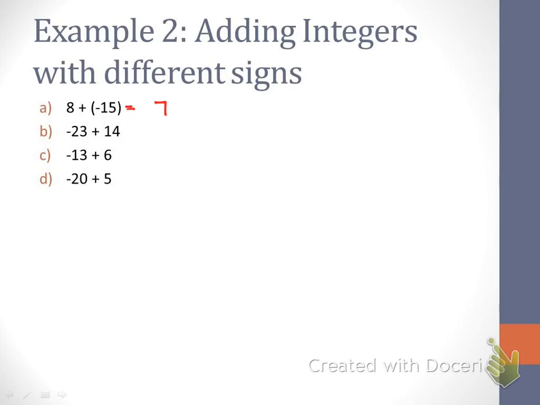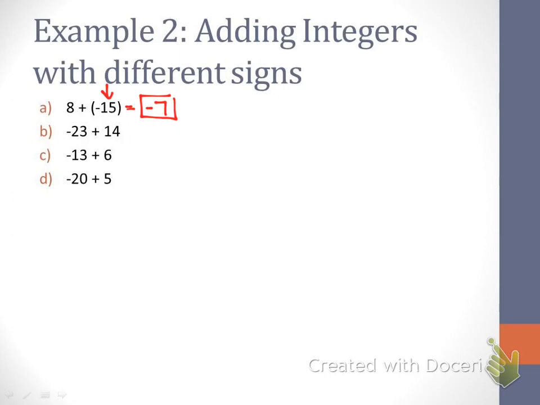Remember, absolute value is the number without the sign. So which number is bigger? 15, without the sign. 15 is bigger, and is 15 positive or negative? Negative. So my answer is negative 7. I take the sign of my greater absolute value.